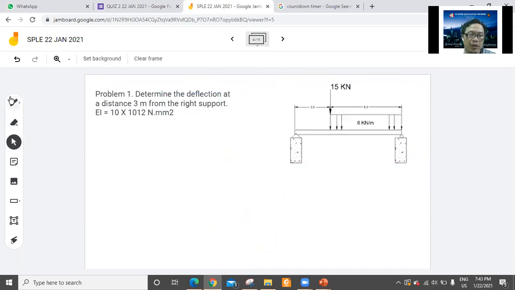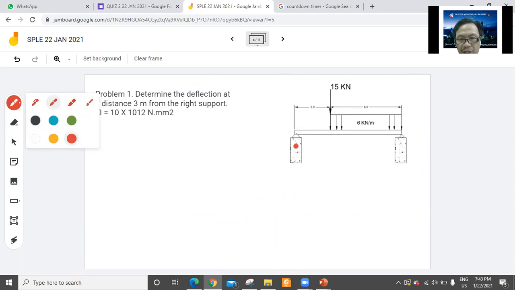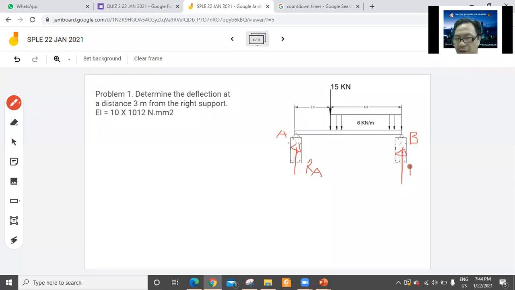Okay. So first, we can compute the reaction. What is the reaction here? Let's say this is A, and this is B, and you have RA and RB.